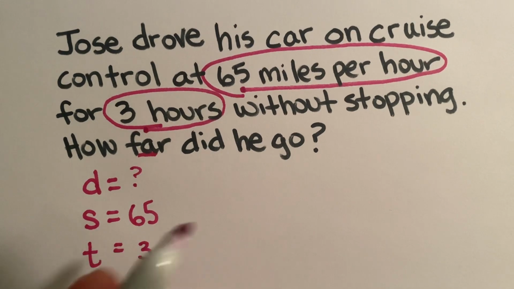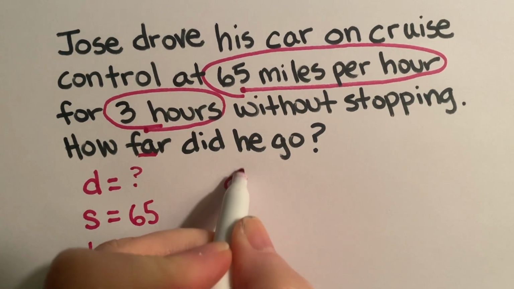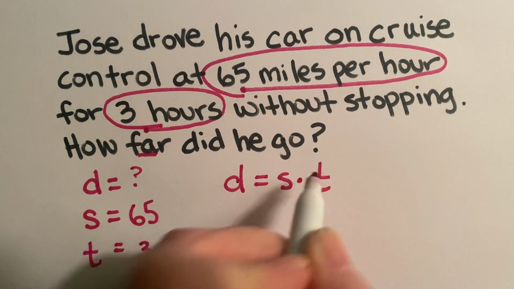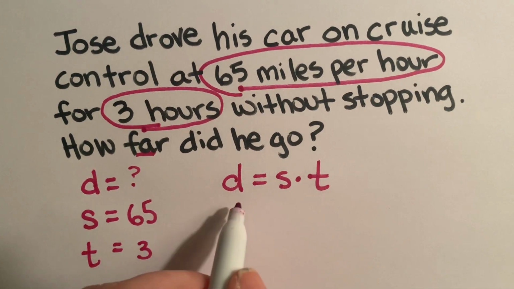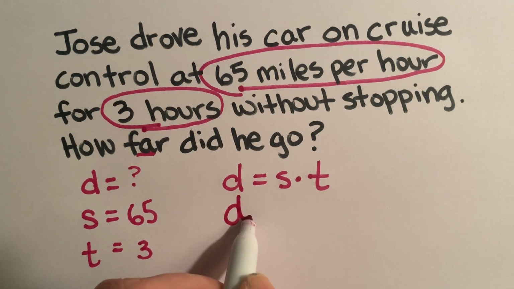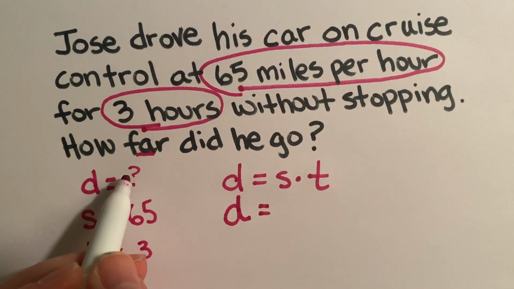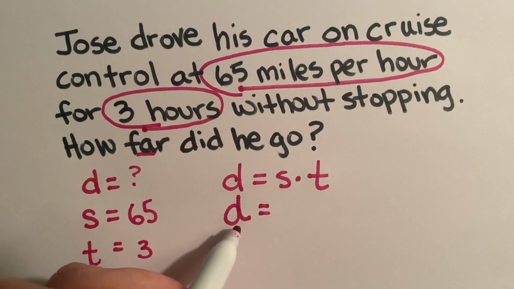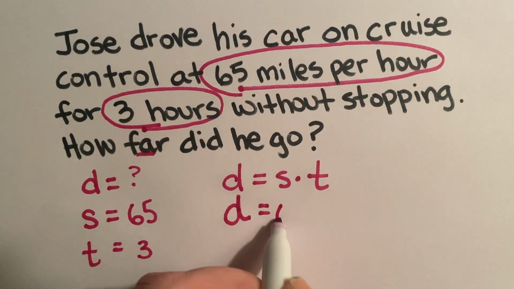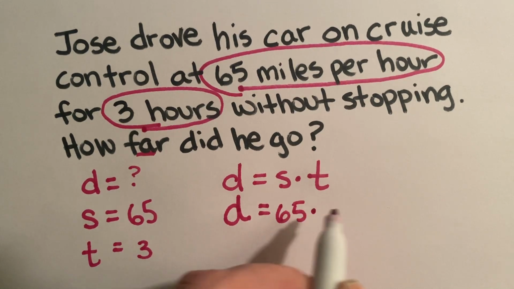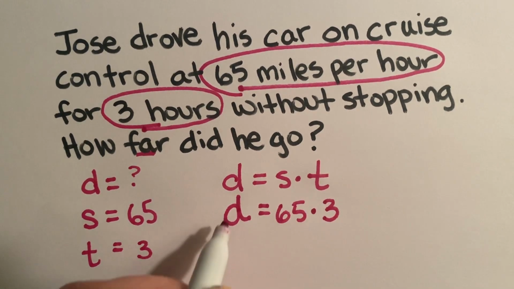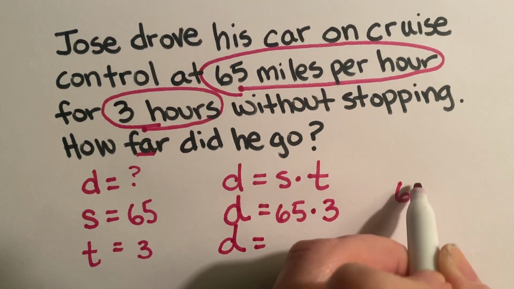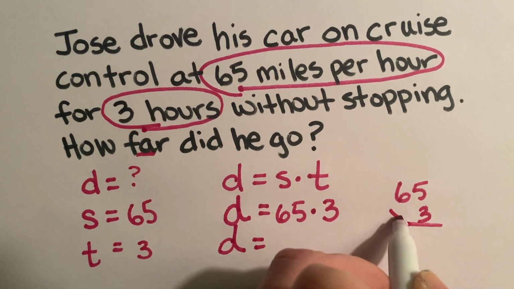So if we write our equation, distance equals speed times time, we can fill in what we know. So distance is what we're looking for. We'll leave that. If you have a question mark, just leave the variable, the letter as it is. Speed, 65 times time, which is 3. So D equals, and then we may have to come off to the side to take 65 times 3.